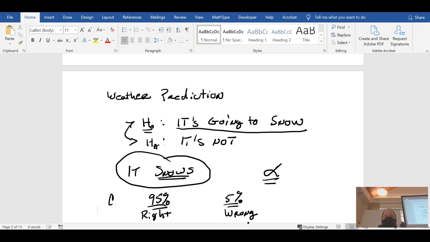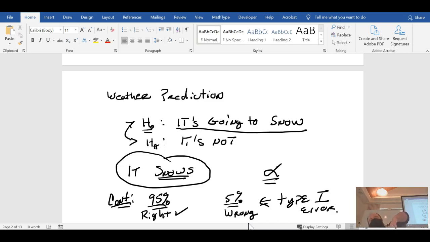So this is my confidence level, the percent chance that I'm getting it right. This is the percentage chance of a type 1 error. Correct. That confidence level always deals with the null hypothesis.